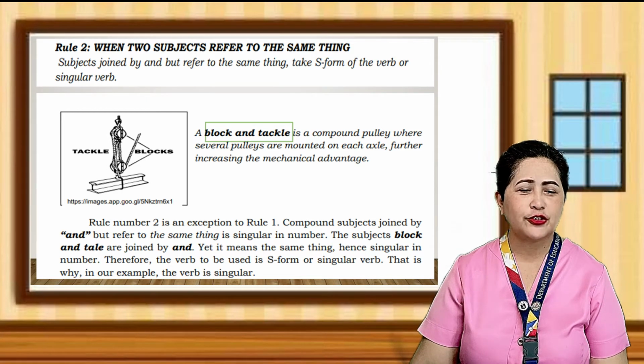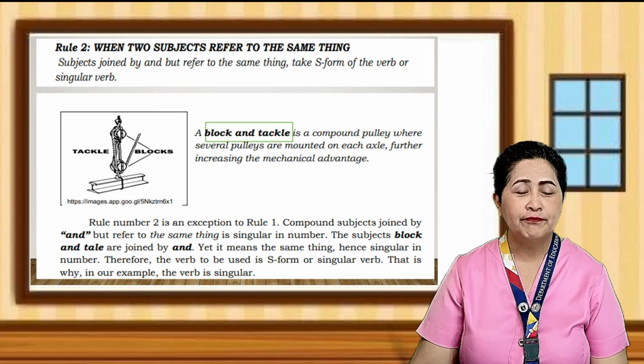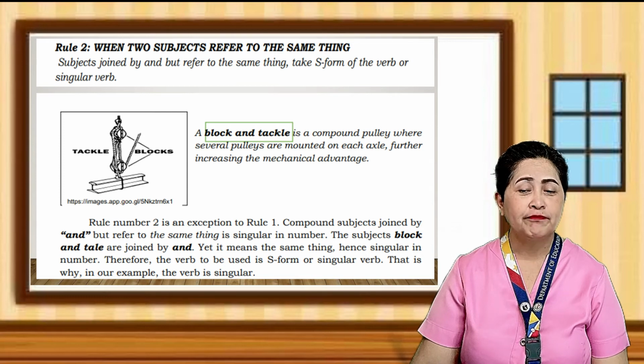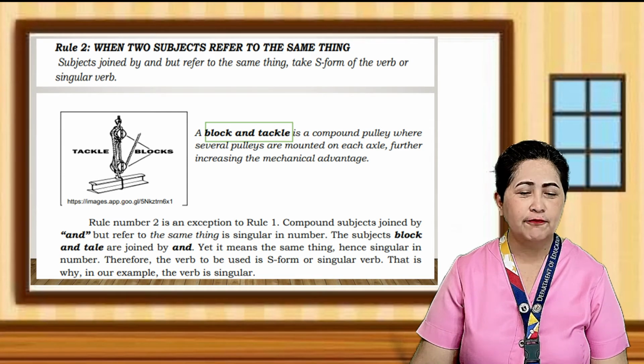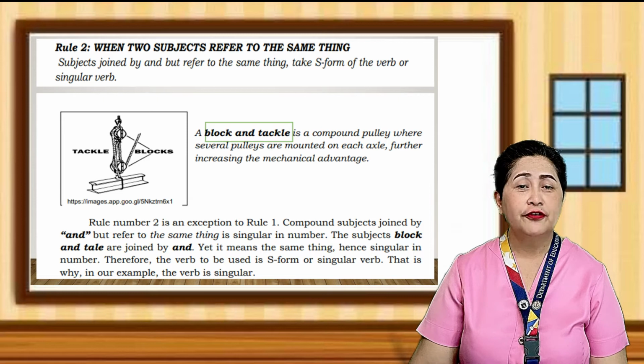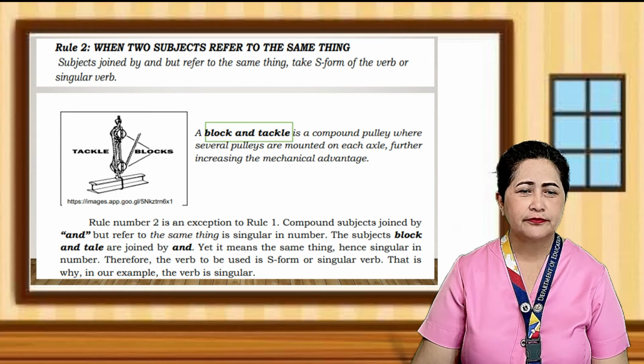Compound subjects joined by and but referring to the same thing are singular in number. The subjects block and tackle are joined by and, yet it means the same thing, hence singular in number. Therefore, the verb to be used is S form or singular verb. That is why in our example, the verb is singular.